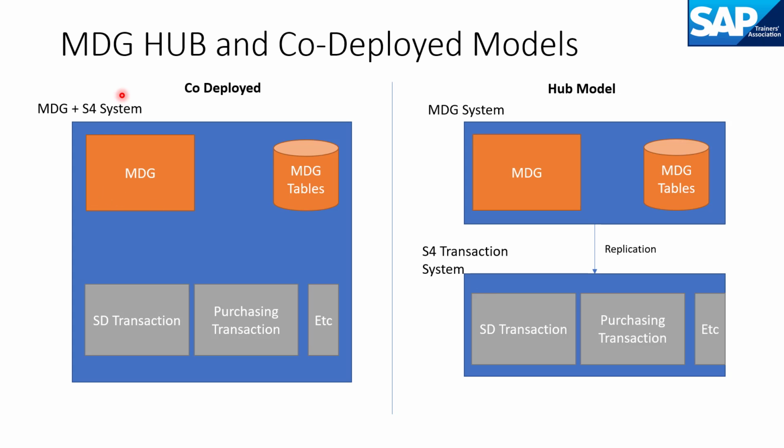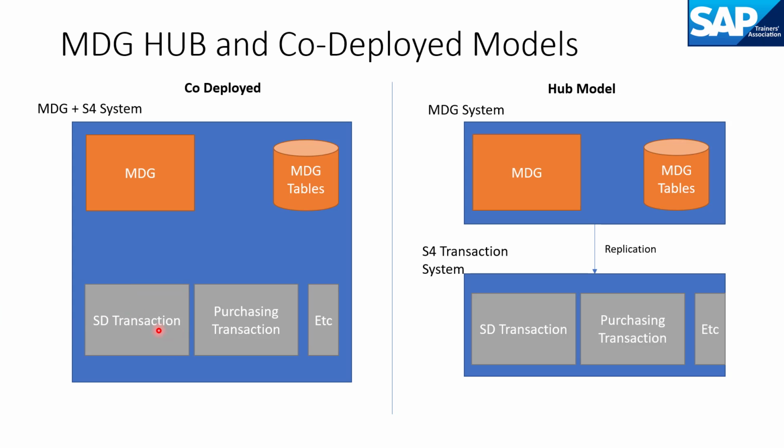But smaller businesses do not always have that kind of surplus money to buy two separate SAP systems. In general, big businesses will buy 10, 15 SAP systems for different modules, so they will keep one for the MDG module itself. But smaller businesses don't have that kind of money. So they take a license for only one SAP system, implement MDG in the same system, and do the transactions there as well.